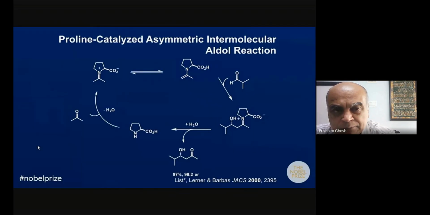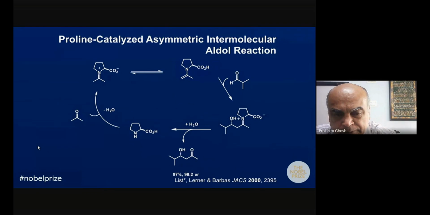I was very excited when I discovered that indeed proline also catalyzes intermolecular aldol reactions of ketones with aldehydes to give very valuable aldol products in really excellent yields and state-of-the-art enantioselectivity also.